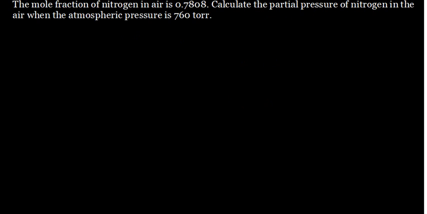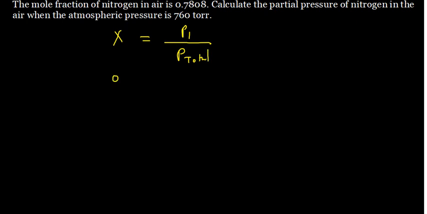The next one: the mole fraction of nitrogen in air is 0.7808. Calculate the partial pressure of nitrogen in air when the atmospheric pressure is 760 torr. Again, you know that mole fraction is given by the partial pressure of a gas divided by the total atmospheric pressure.